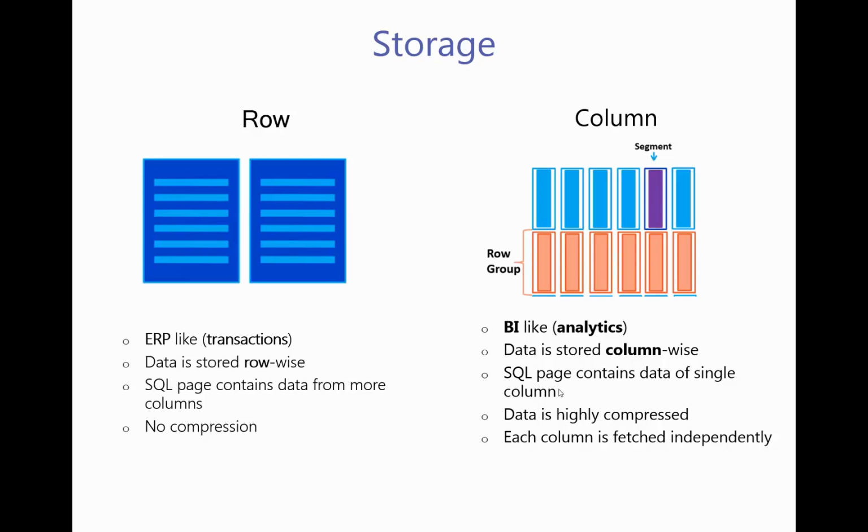And this is way better for analytical purposes, where we are analyzing the data by columns like date, net sales, store, and that also allows highly efficient compression algorithms which achieve very high compression. And for execution, each column is fetched independently, so the queries will also process much faster.